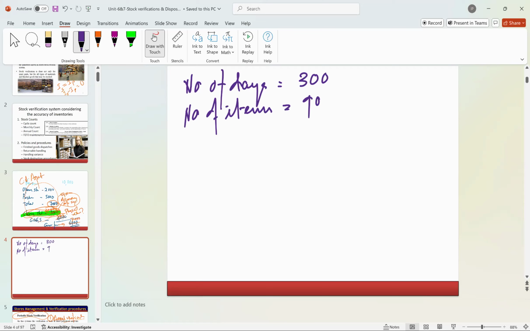Let's say you have 900 items. If you are to count all 900 items in 1 year, that means 300 days, you have to count all 900 items once.